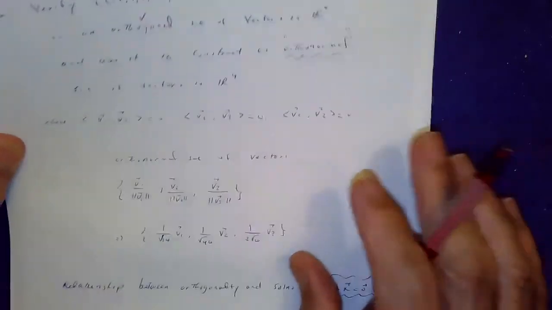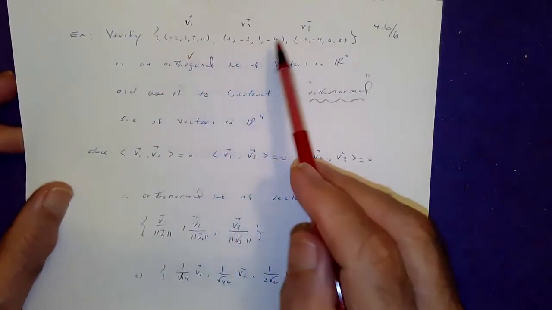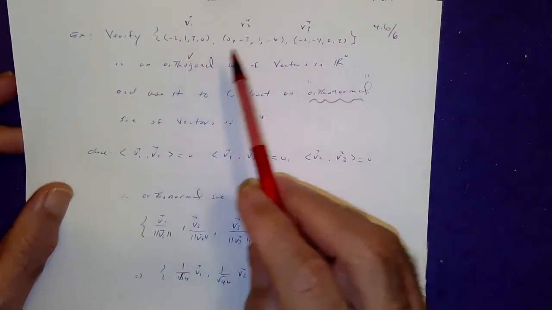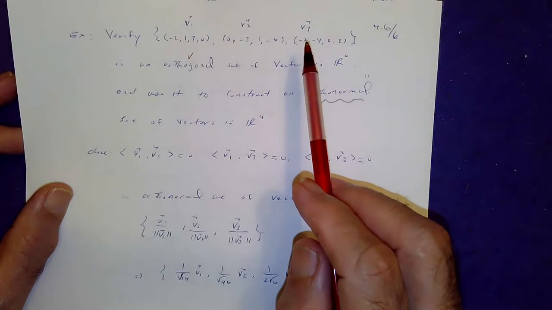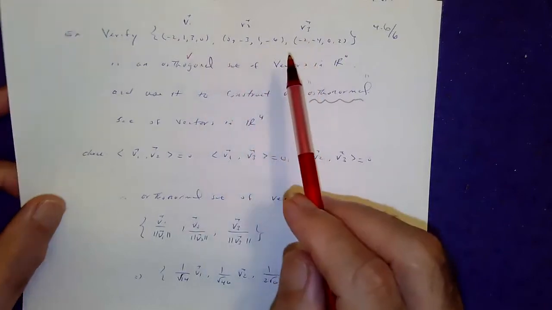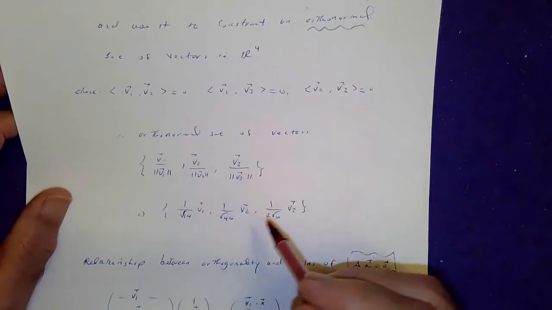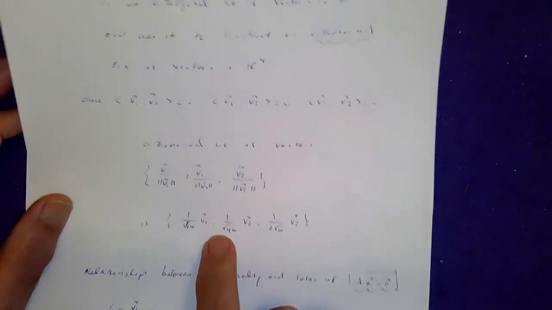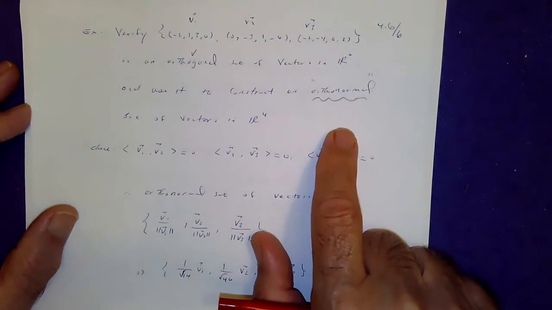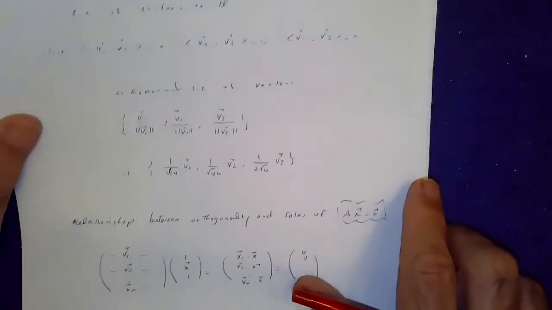And once you made sure they're orthogonal, that means they're perpendicular to each other, not to themselves, but to each other. Then you divide each of them by their corresponding norms. And the result is called a set of orthonormal vectors.